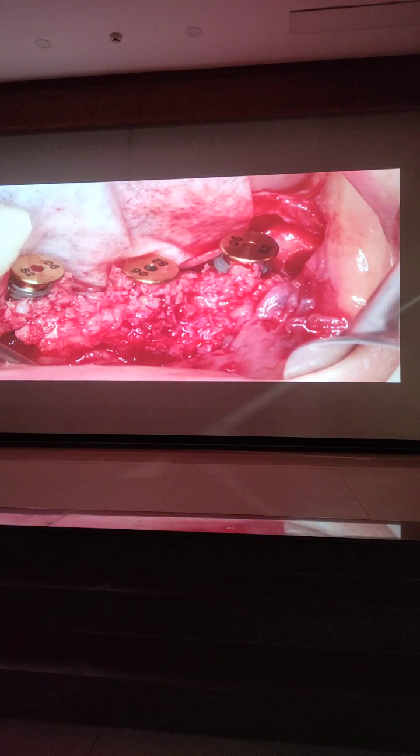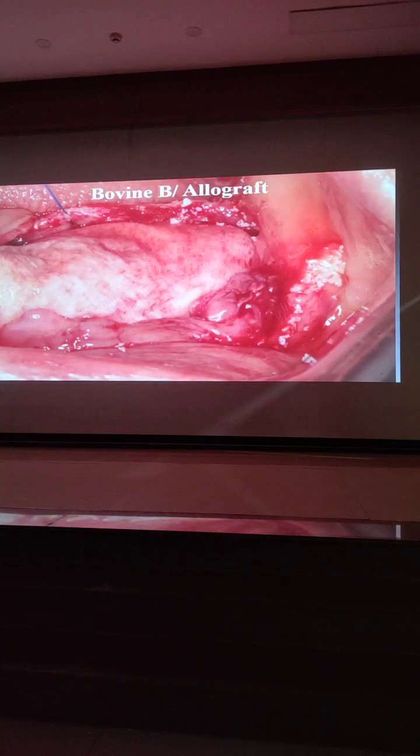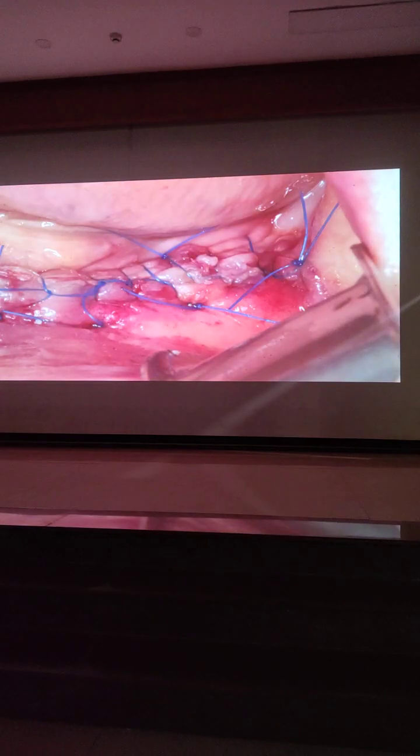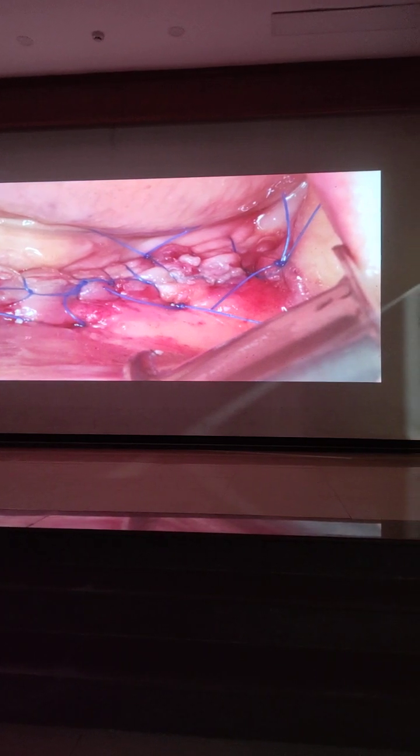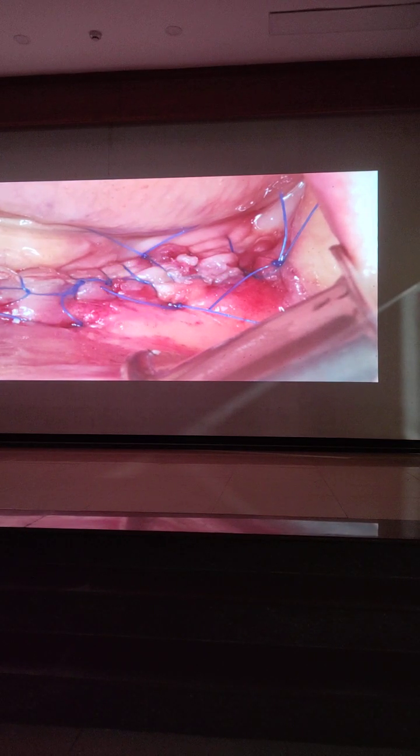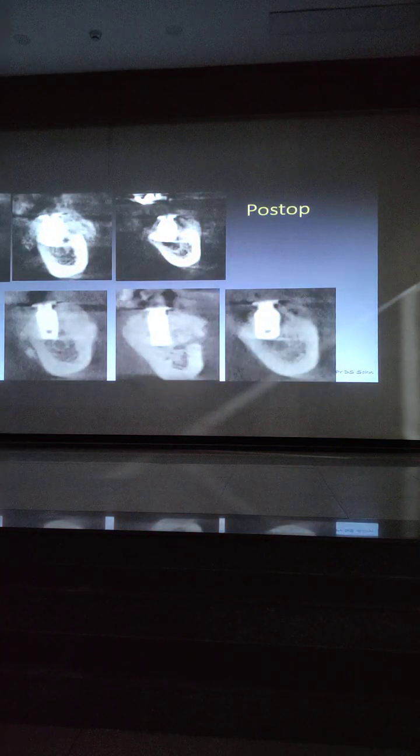Then bone graft and membrane were placed, and continuous suturing was done in order to save surgical time.